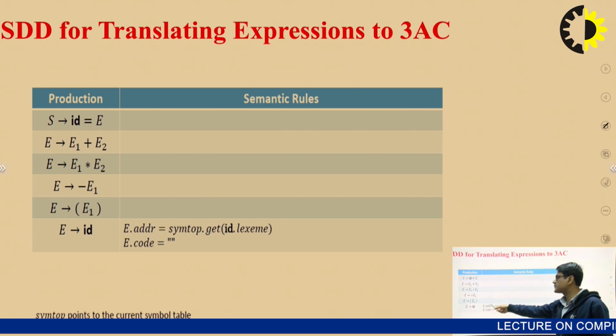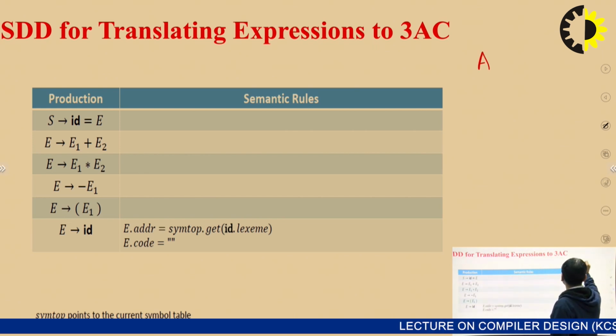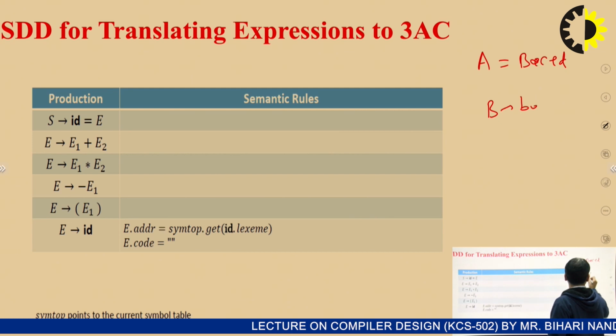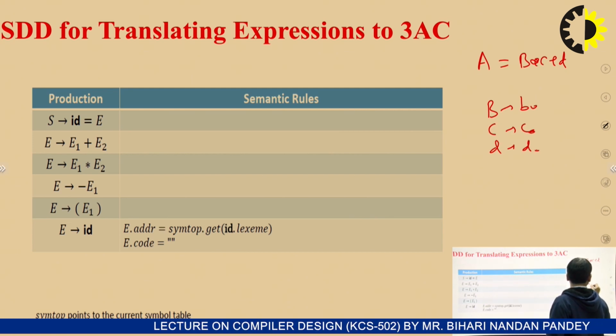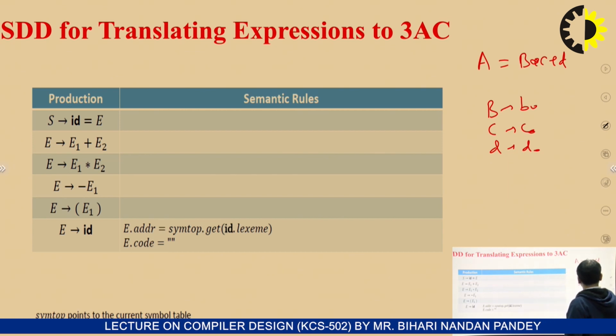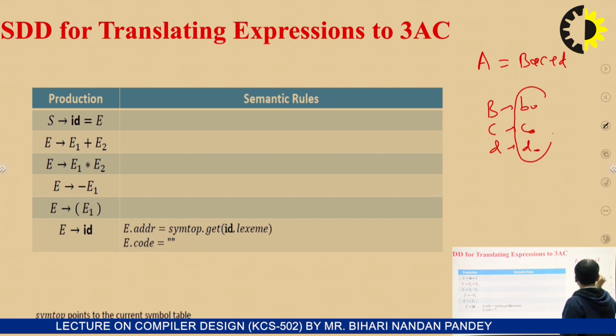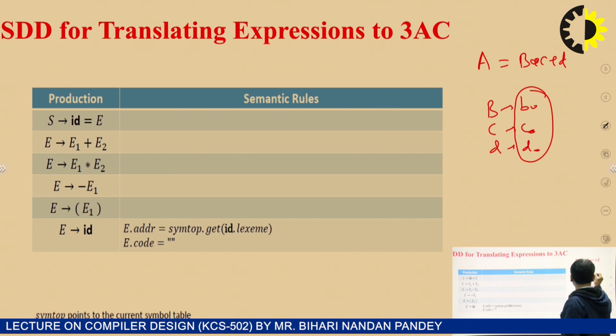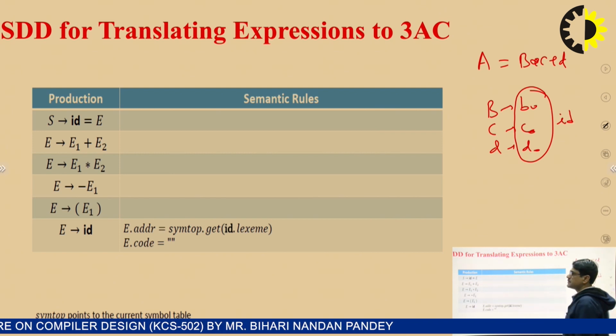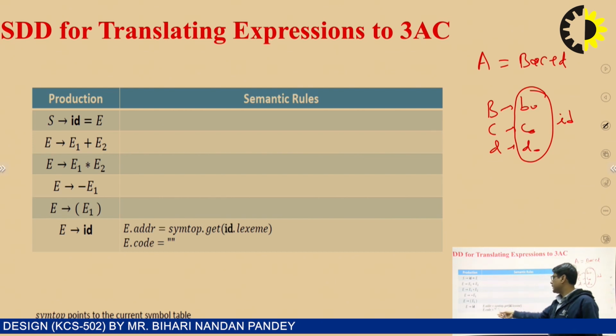Lexeme means this is the base value, because whenever you define A equals B into C plus D, the value of B is B naught, C is C naught, D is D naught. Sometimes it is updated, then the value is there, but the base values are B naught, C naught, D naught. So B naught, C naught, D naught are basically IDs. IDs means the raw value which we have taken. So the address part will just use this id.lexeme.